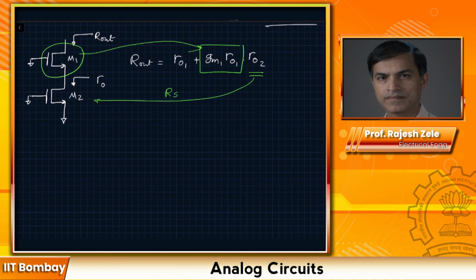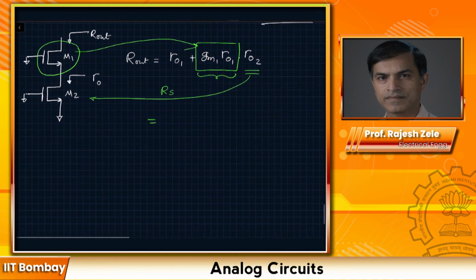So here we can say that all GMs and ROs are comparable. Then of course GM R out is a large number, so we can ignore this RO1 and this will look like GM1 RO1 RO2. So this would be a multiplier effect.